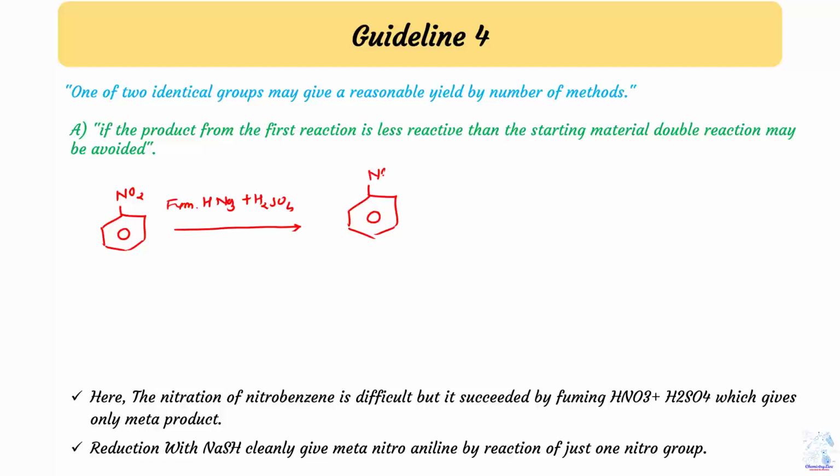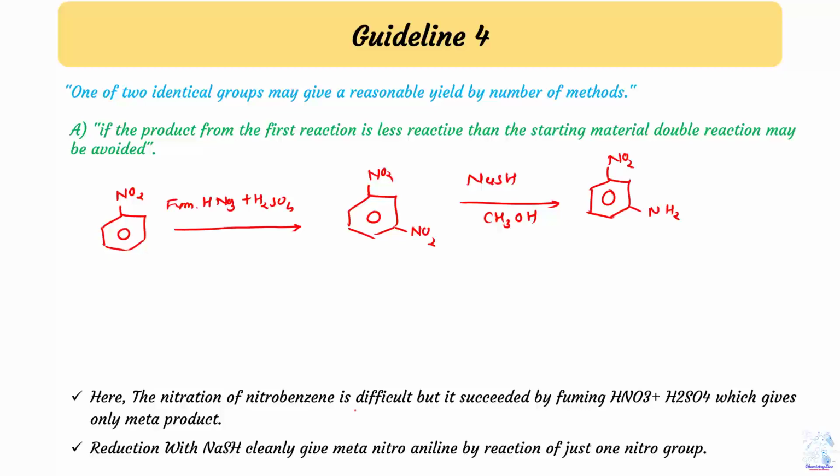There is one nitro group here, one nitro group here; that is dinitrobenzene. If I react the dinitrobenzene with sodium thiosulfate in methanol, what do I get? It reduces just one of them. So I reduce this one and it converts into NH2, and the other stays as it is, as NO2.